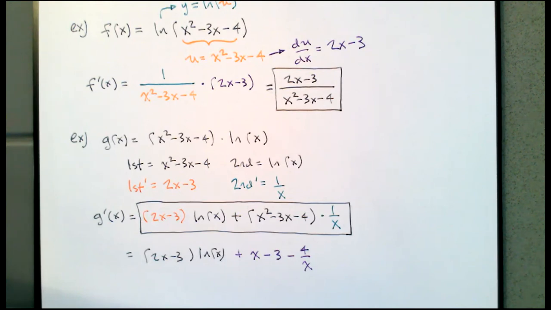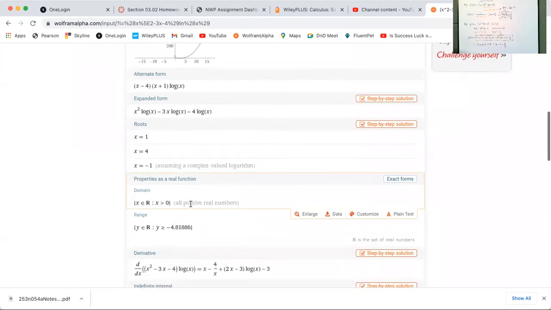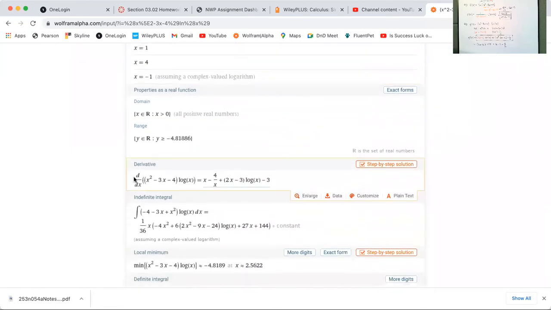Looks like Wolfram Alpha multiplies that second term out. So you can see, there it is. Oh, I can't highlight, there we go. You can see here that Wolfram Alpha has decided to multiply that 1 over x over the x squared minus 3x minus 4.